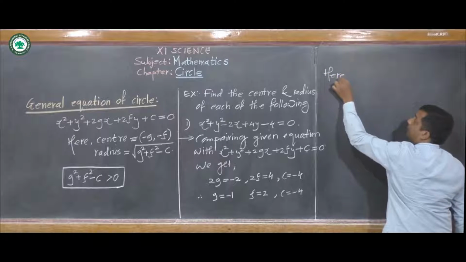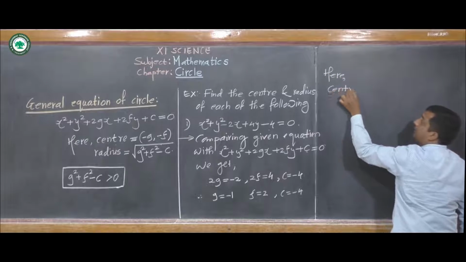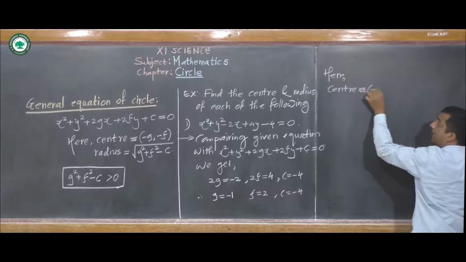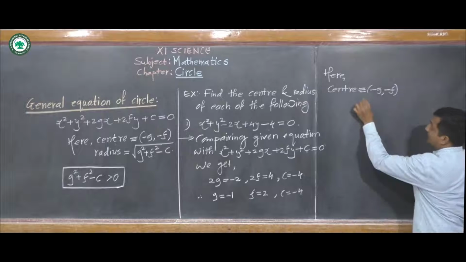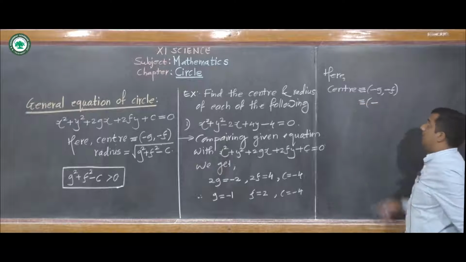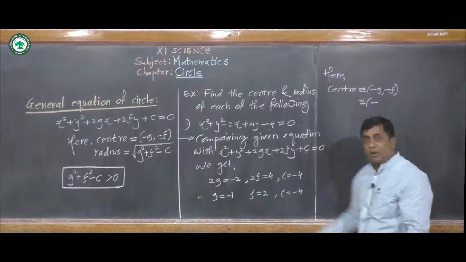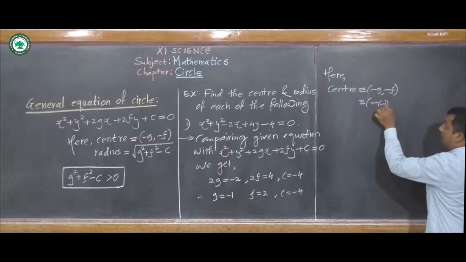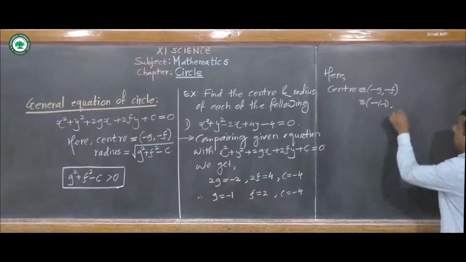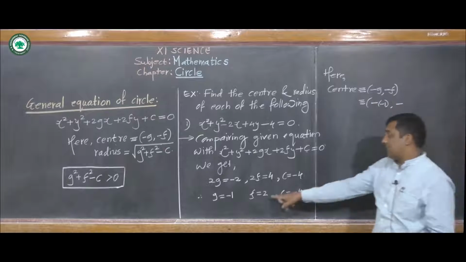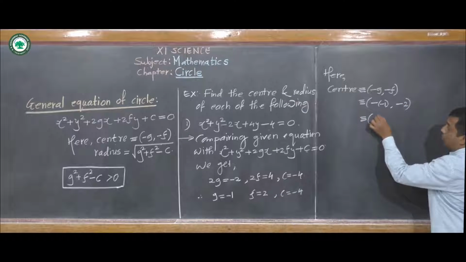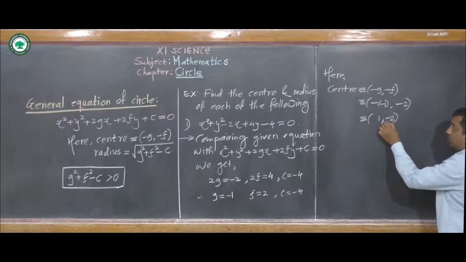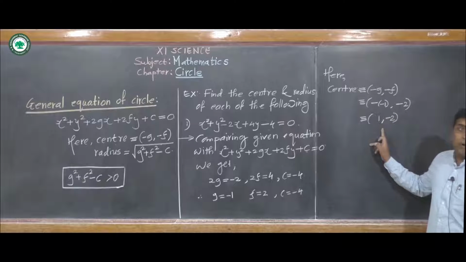The center is minus g, minus f. This is equivalent to minus, we know g is minus 1, so we replace g by minus 1. Then minus f, f is 2, and lastly this is equivalent to 1, minus 2. So this is the center for the given circle.